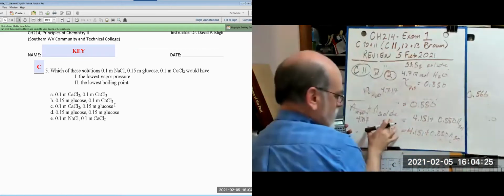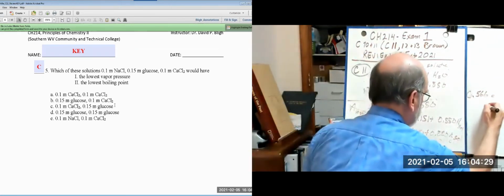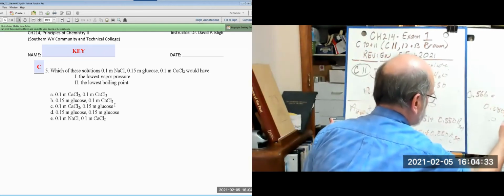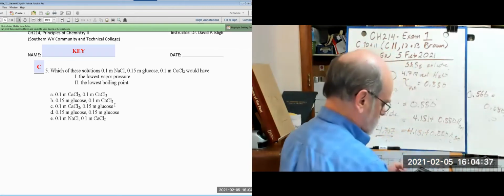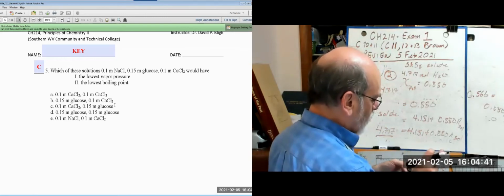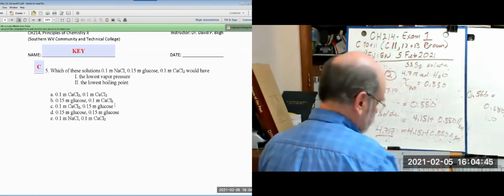That leaves that equal to 0.880 moles of solute. So now we say this is equal to that divided by this one. Now we have 0.632.